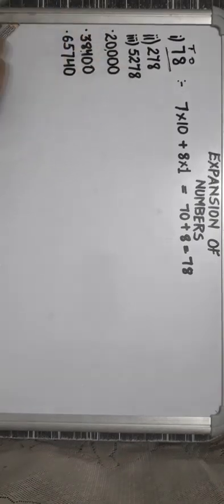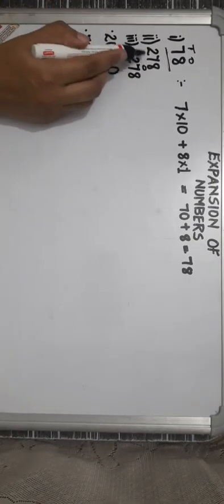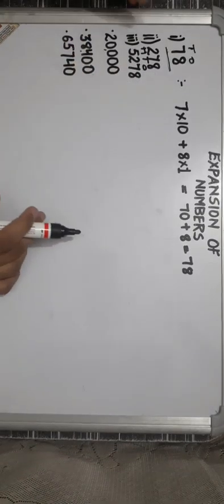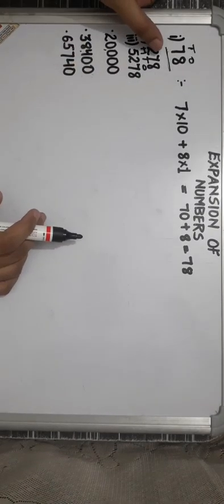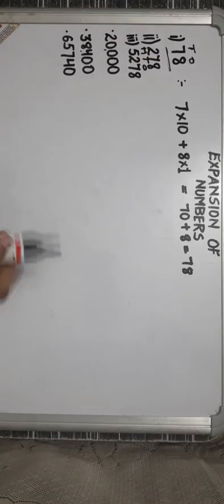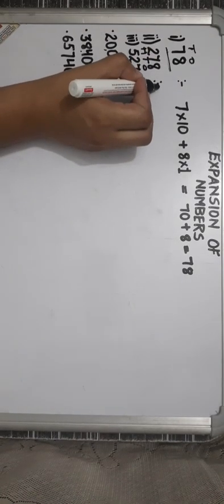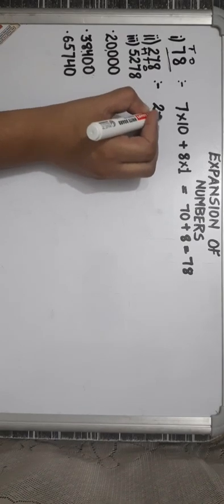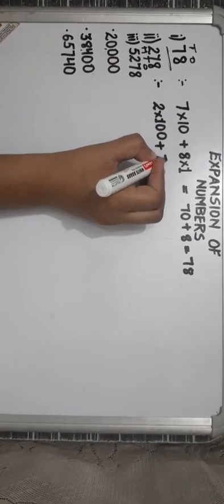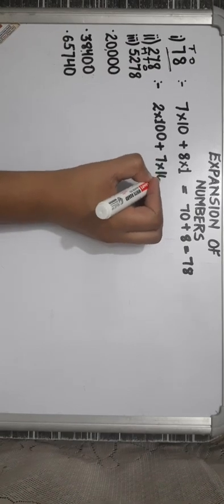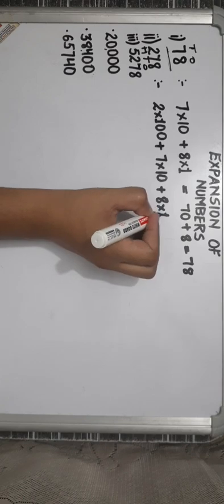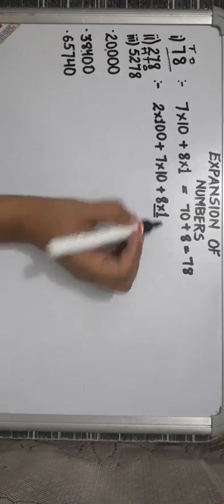Okay, now let's take another example. It is 278. Look, ones, tens and 100. 2 is at 100 place, 7 at tens, 8 at ones. Now let's see how we expand this number. 2 into 100 plus 7 into 10 as it is at tens place, and 8 into 1, or you can simply discard it.